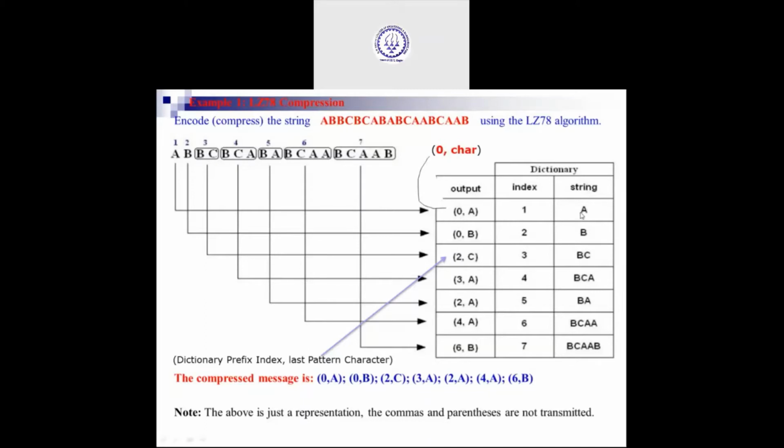Now we understood from the LZ77 scenario, A is a single string subsequence which does not have any prefix, right? So we have to focus on the prefix condition of this particular sequence. I observe that A is my innovative bit and there is no prefix present prior to A, right?